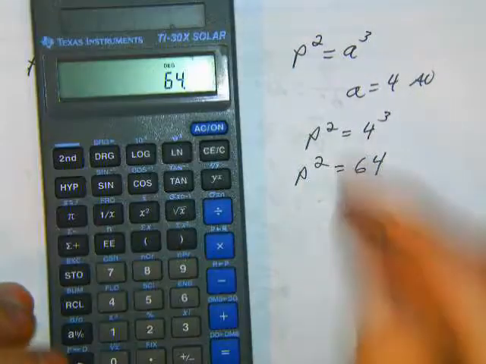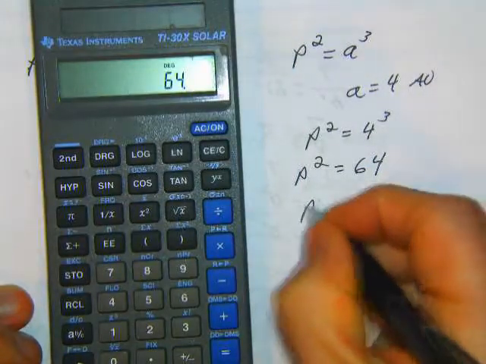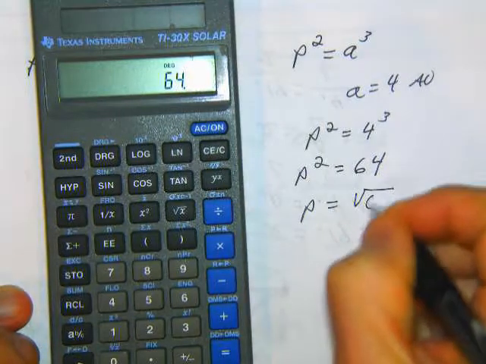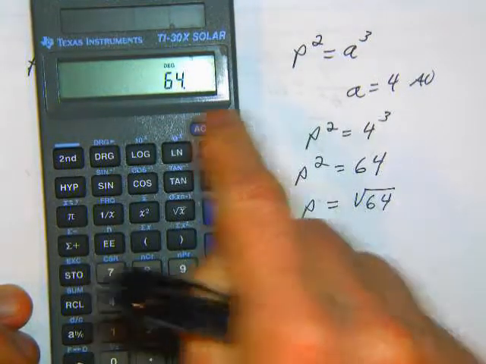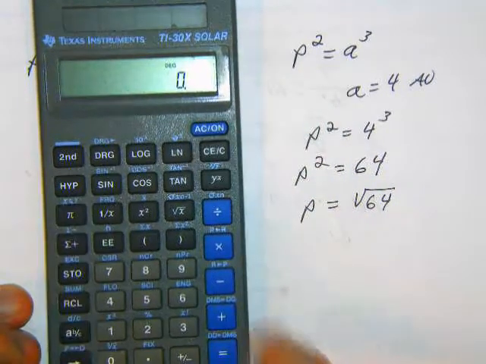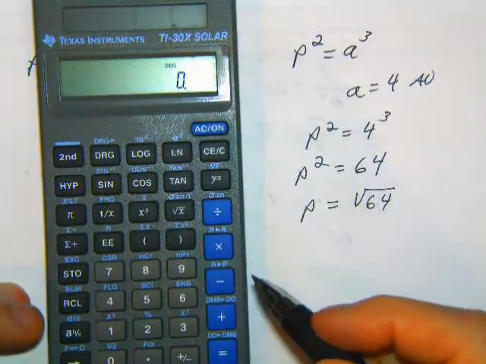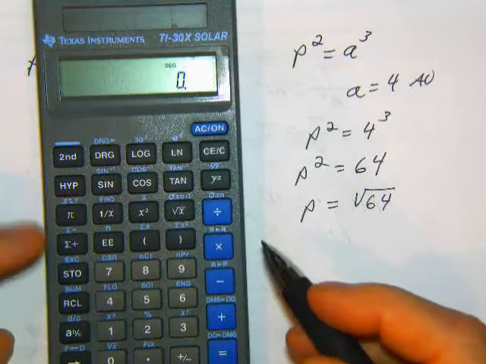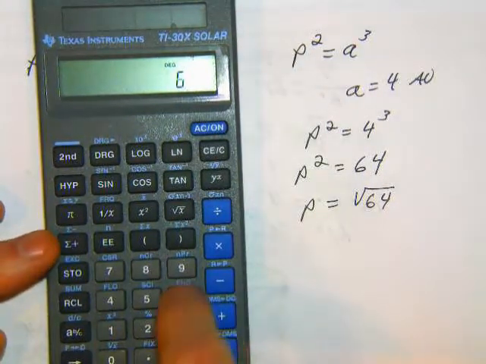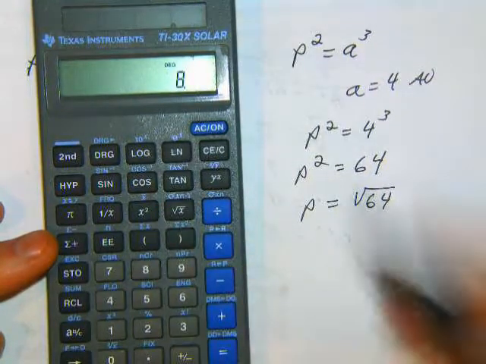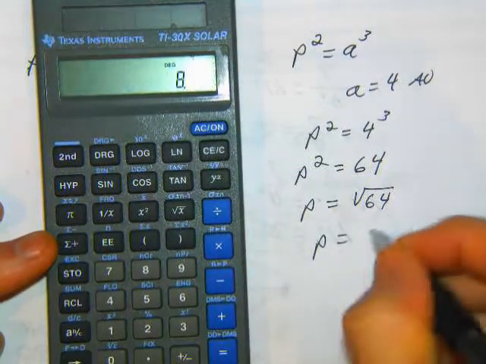And from there, we have to take the square root. So P equals the square root of 64, and that should be fairly easy to find on everybody's calculator. I do have a square root key here somewhere on mine. There it is. So I've got 64 square root, and P equals 8 years.